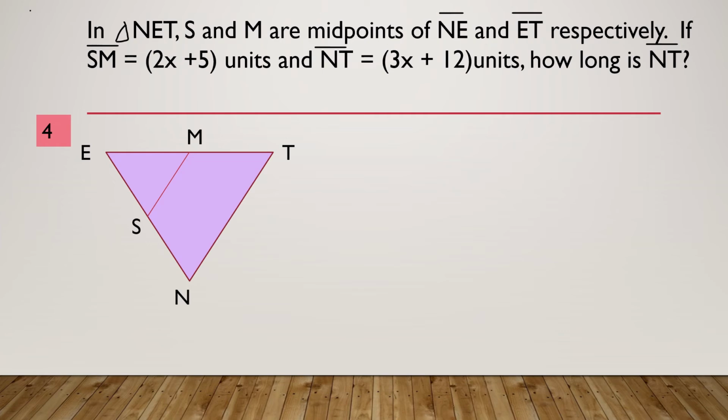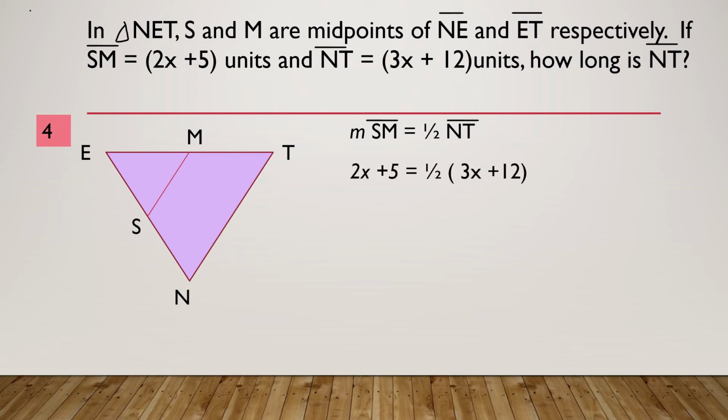Now, what do we know about the midline theorem? That the length of segment SM is half of the length of NT. So in formula we have that one. Now, we have the values of SM and NT. We're just going to substitute that.